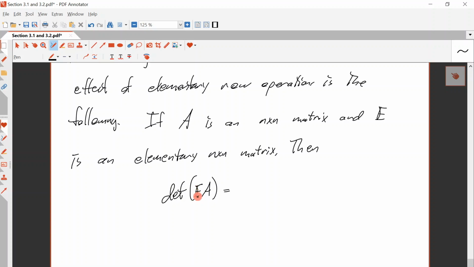So if you switch rows, it's negative 1. If you add one row to the other, it's still 1. If you multiply by a scalar, it's k, because you're just multiplying some row of the identity matrix by k. So this becomes determinant E times determinant A.